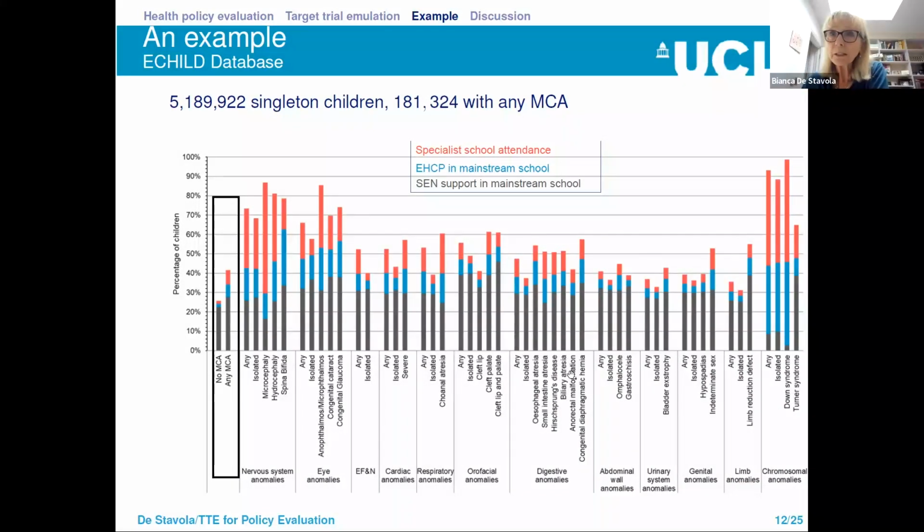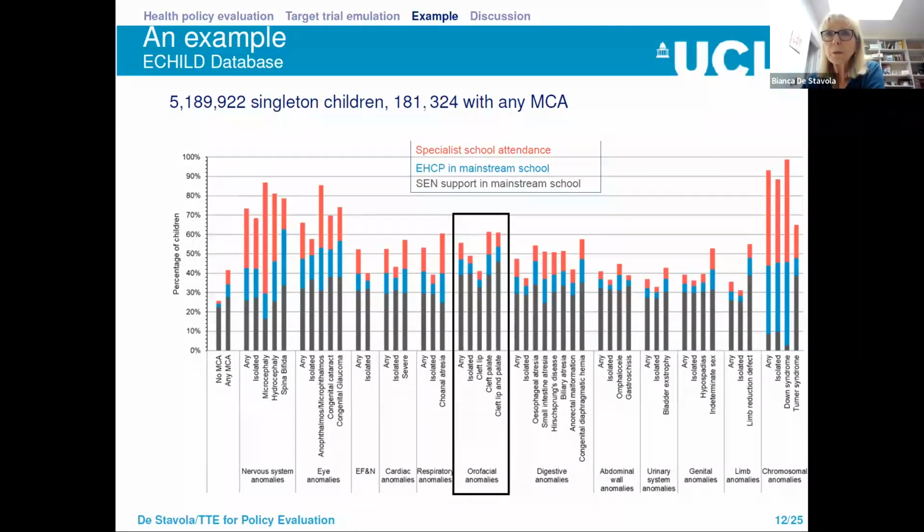The different groupings in the graphs show different groups of disease conditions that go from nervous system anomalies to eye anomalies, etc. But we are considering these children in separate groups because of the heterogeneity of their needs and of their provision.